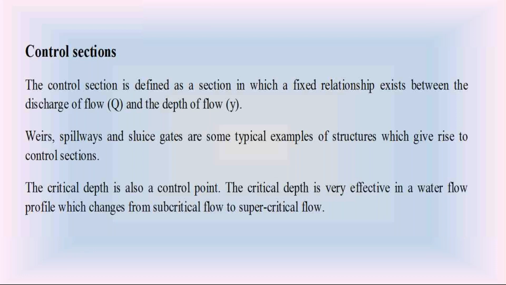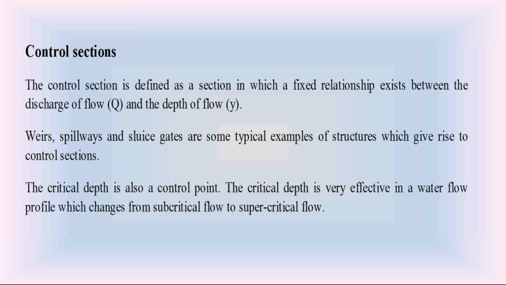What is that H in that equation? H is the depth of water over the rectangular weir. So in that rectangular weir, there is a relation between the depth of flow H and the discharge Q. That is called control section.